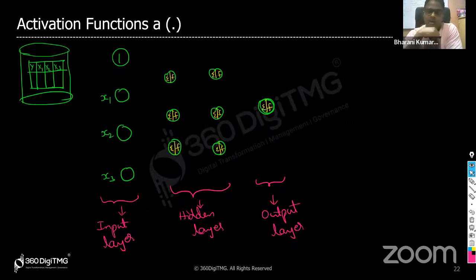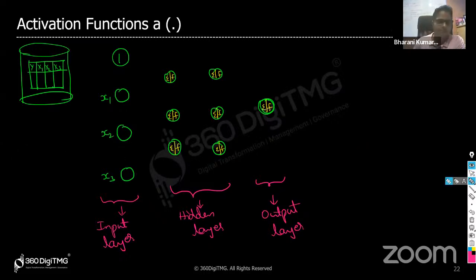And it really doesn't matter how many neurons you have in each hidden layer. In one hidden layer, you can have 3. In another, you can have 1,000. In one, you can have 100. In another, you can have 2. It's up to you.